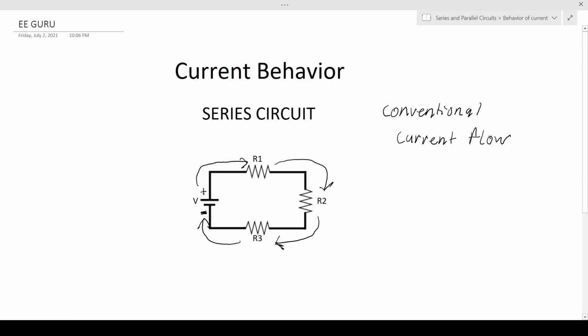But actually, in reality, the electrons, the current, flows from the negative terminal into the positive terminal. But for the sake of my videos, I'm going to stick to the conventional current flow because that is what is taught at universities and in textbooks.